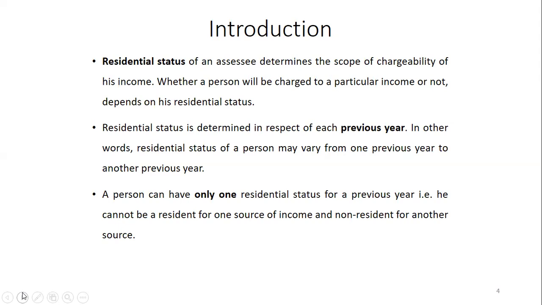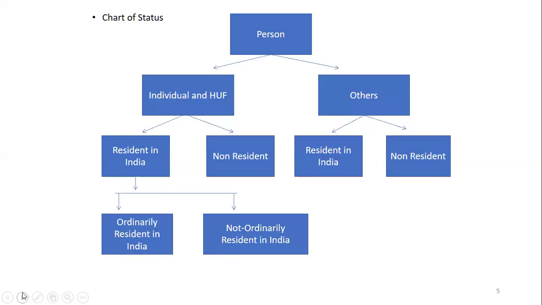It is very important. When we talk about residential status, a person can be mainly classified into two parts: individual and Hindu undivided family, and other person. As you can see from the chart, individual and Hindu undivided family can be classified into two parts: resident in India and non-resident in India.